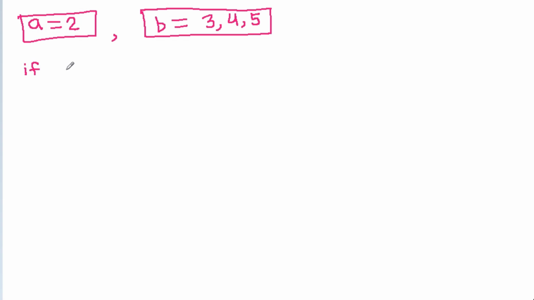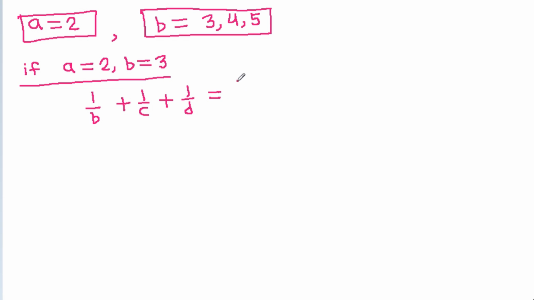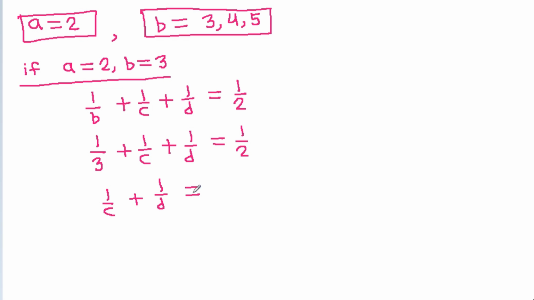And now if A is equal to 2 and B is equal to 3, then we have 1 by B plus 1 by C plus 1 by D is equal to 1 by 2, and 1 by B is 1 by 3, so 1 by C plus 1 by D will be equal to 1 by 2 minus 1 by 3, which is 1 by 6. 1 by 2 minus 1 by 3 is 3 minus 2 by 6, that is 1 by 6.